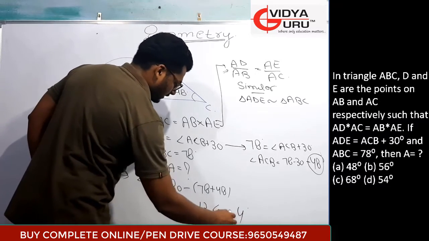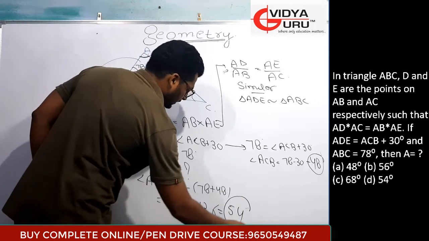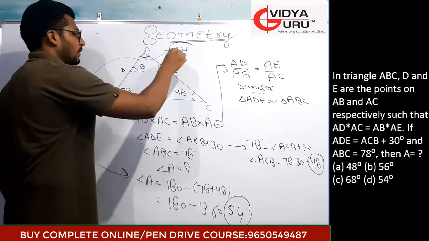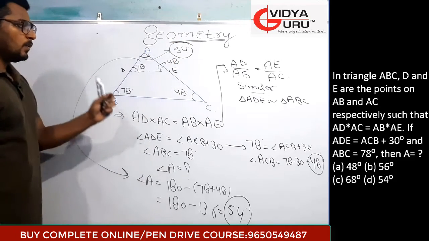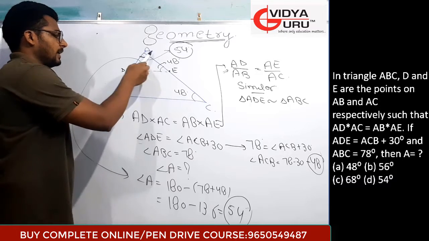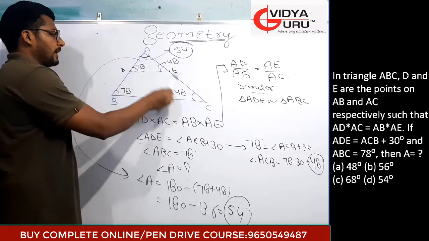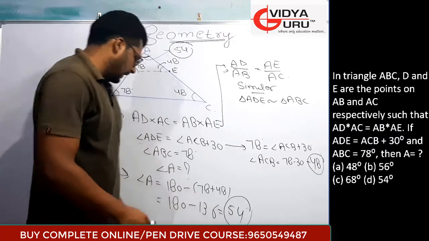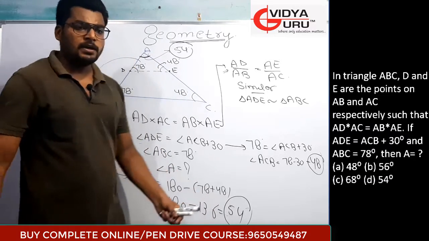What will be the measure? 54 degree. Angle A will be equal to 54 degree. So by similarity we have solved this question. First I have proved these triangles ADE and ABC similar, and all the angles of these two triangles will be equal, and angle A here is 54 degree.